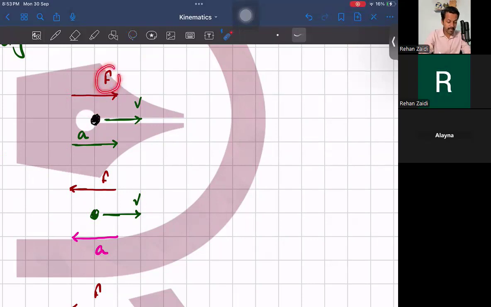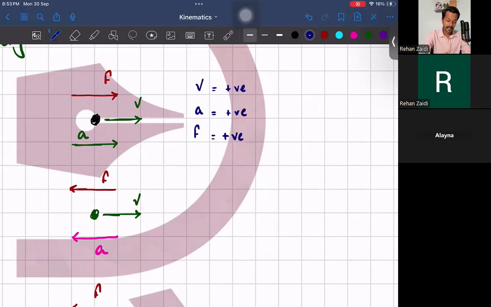Since the force is in the positive direction, the acceleration would also have the same direction, that is positive. Now, from the point of view of direction, velocity has a positive magnitude, the acceleration has a positive magnitude, and the resultant force still has a positive magnitude.